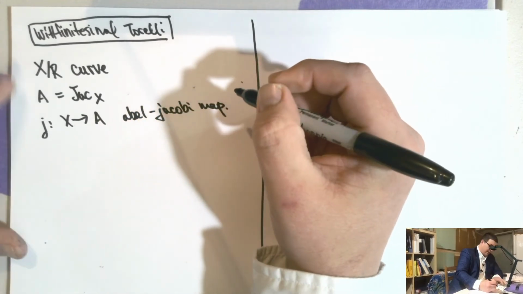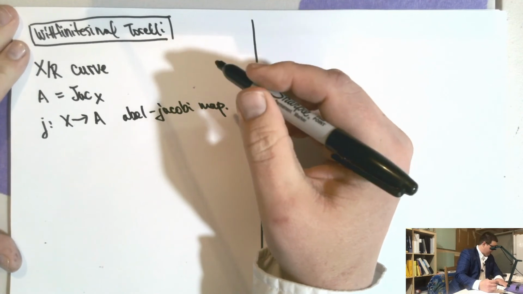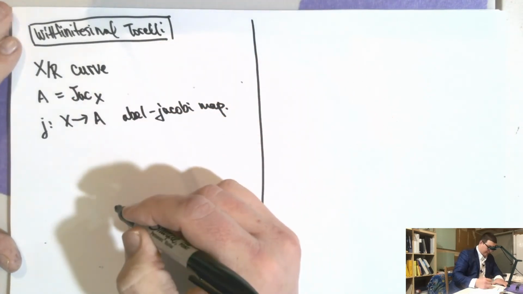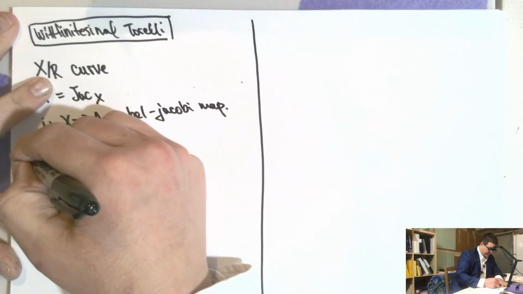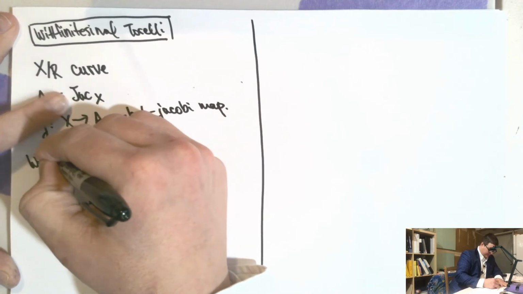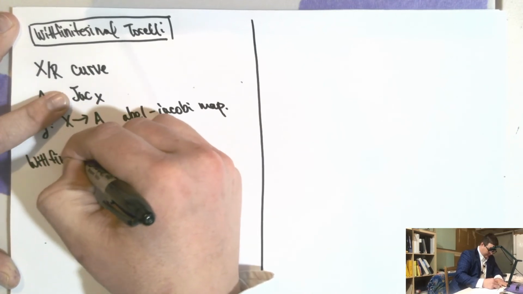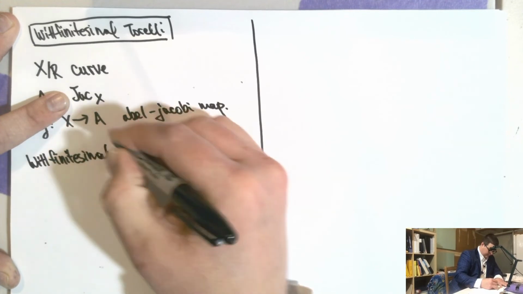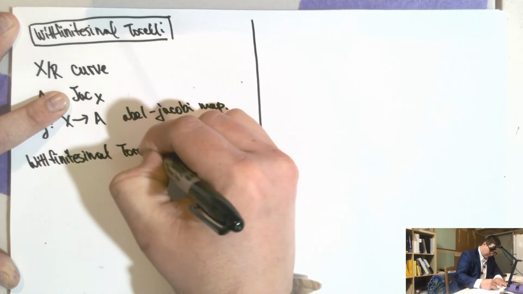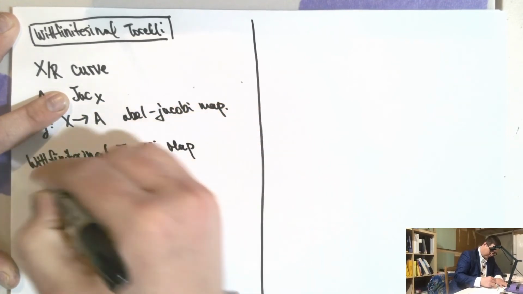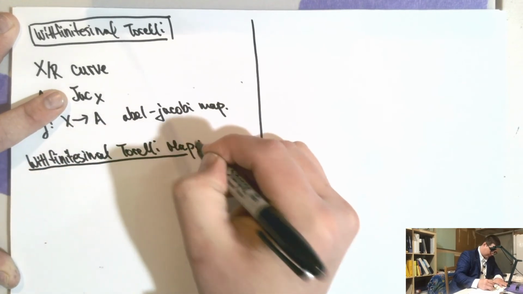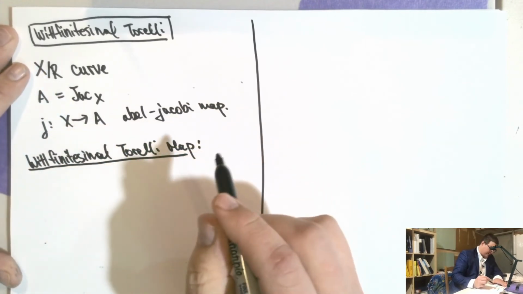Then this is the Witt-finitesimal Torelli map.